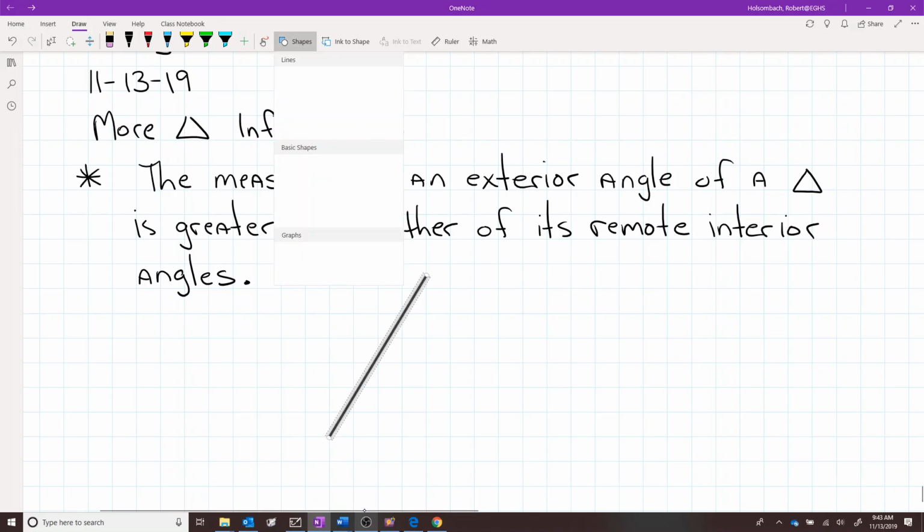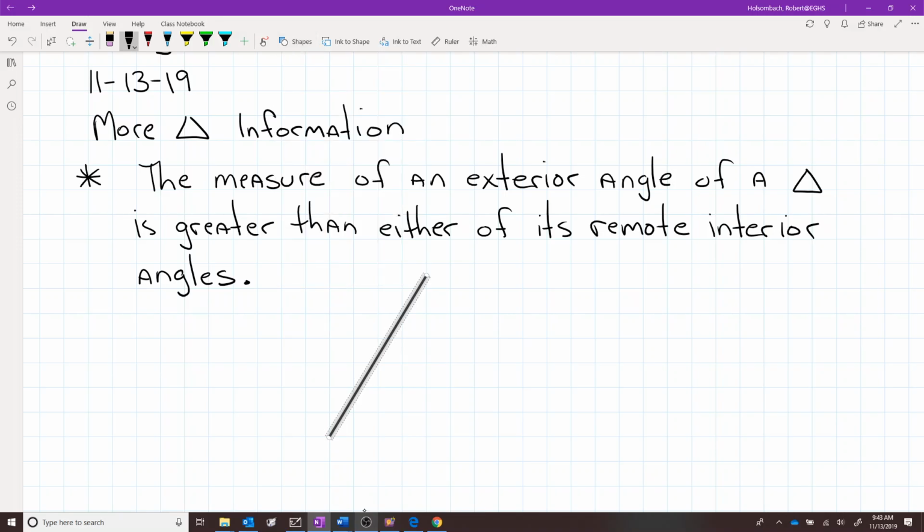So if we had this diagram, and we made this angle 1, it's an exterior angle.